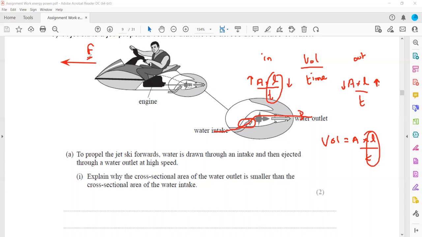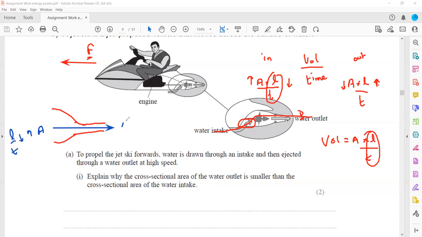So the idea is, for example, if this is the water intake, this will be the water outlet. The amount of water which enters and leaves is the same every second. But because the side where it takes in water has a large area, the flow rate is smaller.